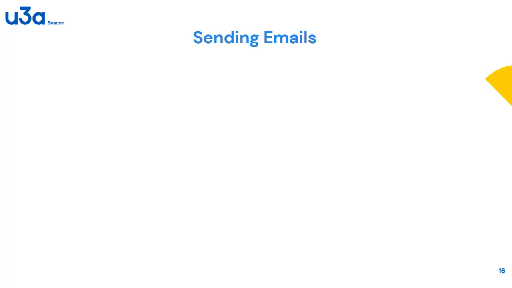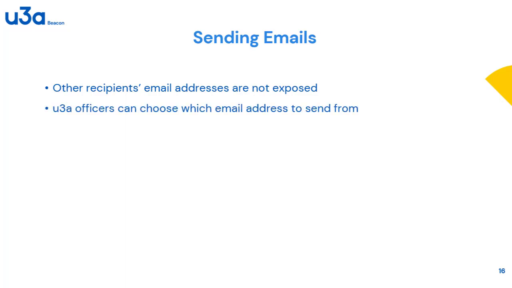So to summarise, one of the main advantages of using Beacon for email is that you can send messages to multiple recipients without exposing everyone's email address to others. U3A officers can choose which email address to send from to keep replies separate from their personal email. Beacon doesn't store emails, so you should normally send a copy to yourself for your records.